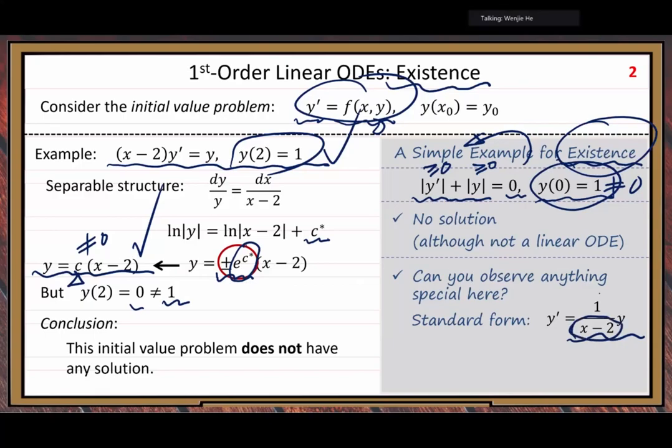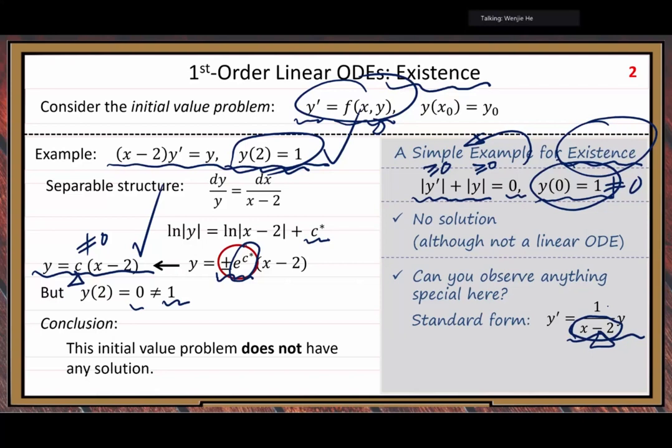The denominator can never be 0. But for your initial condition, you take the x value at a point that makes the denominator 0. That causes the problem.